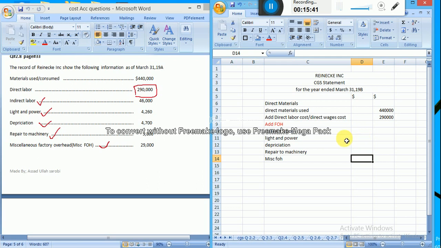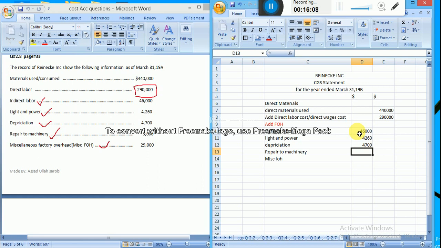Okay, how much is indirect labor cost? So indirect labor cost is $46,000. Light and power, 4,260. Depreciation, 4,700.